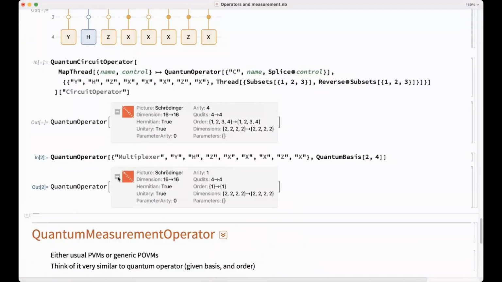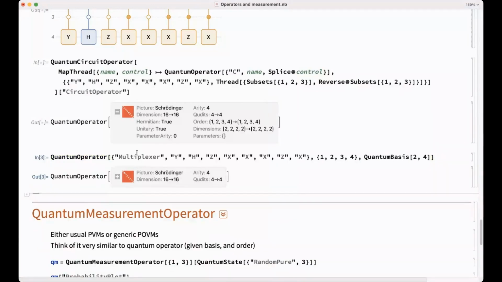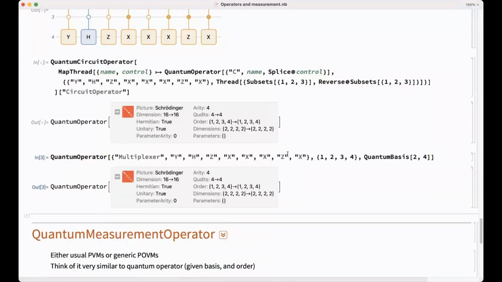It's still a bit out of order. Oh, and 1, 2, 3, 4 with the basis. What we've tried. And maybe we need to do some simplification on the circuit because it's 16 by 16.